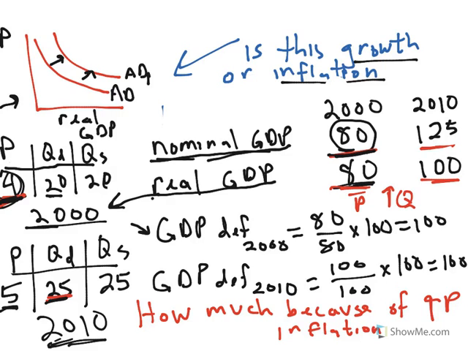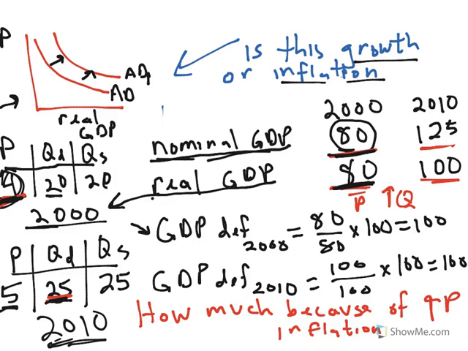Okay? So now it gets tricky with the real GDP. So the real GDP in 2000, remember, we're only going to use the base year. This is the base year price, which is 2000, the first year. So 4 times 20 is 80, plus 4, we use this because it's the base year, times 25 is 100.